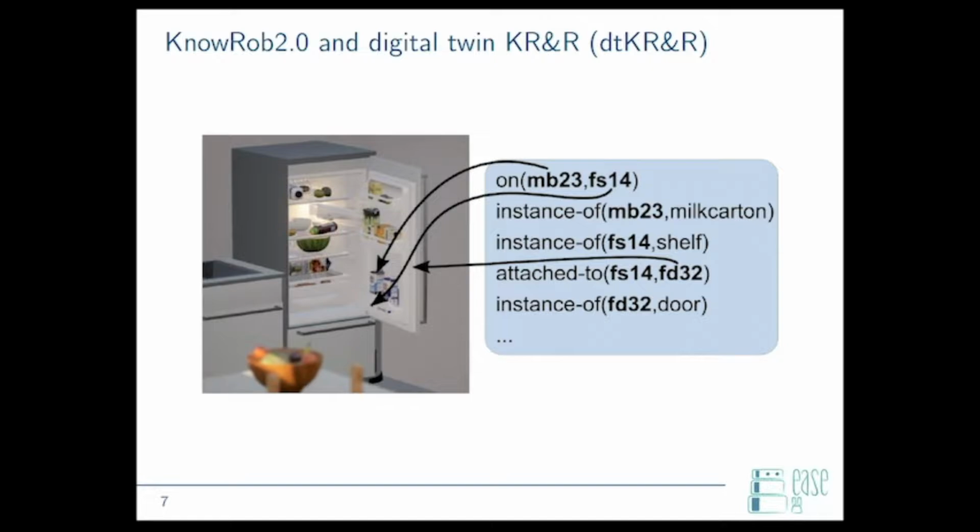As I've said before, the basic idea is that we keep the symbolic representation like the predicates and the symbolic names. But now the symbolic names are not atomic entities, but they are links into the respective data structures in a virtual reality scene graph. So the milk box 23, the name is linked to the subtree of the scene graph that represents the milk box.